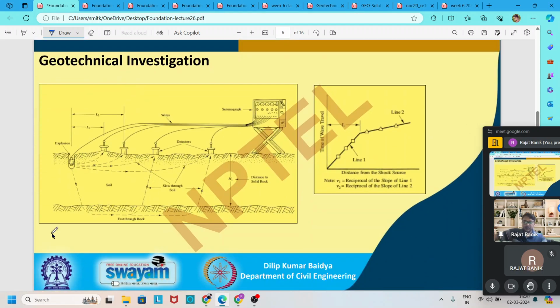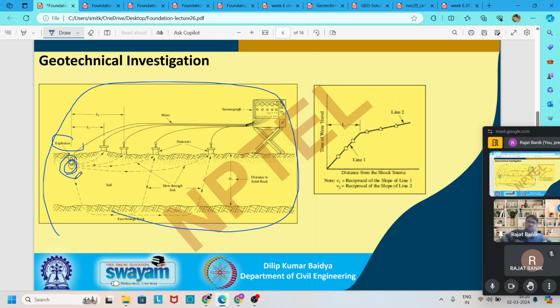Here is the arrangement of the seismic reflection method. We create some disturbance here, like an explosion, and by this explosion seismic waves are generated.